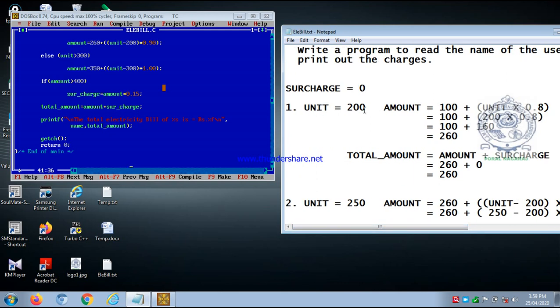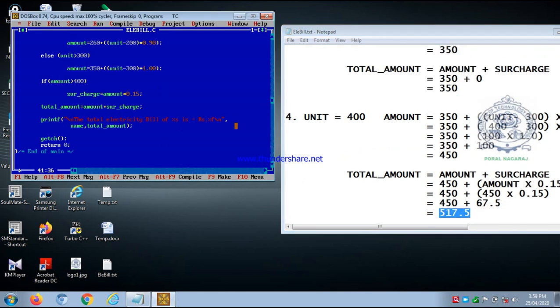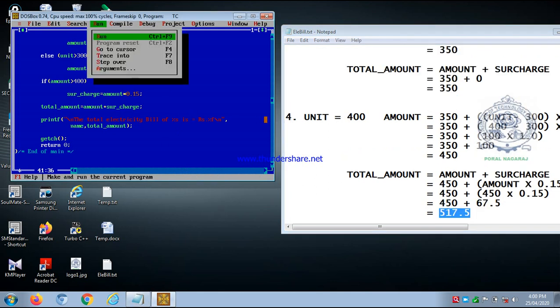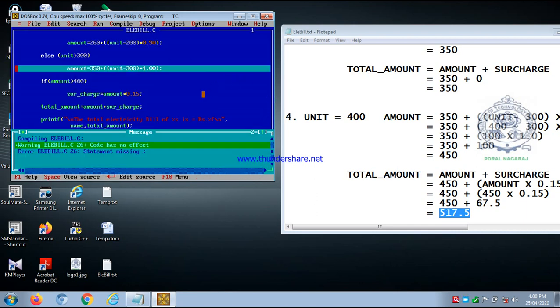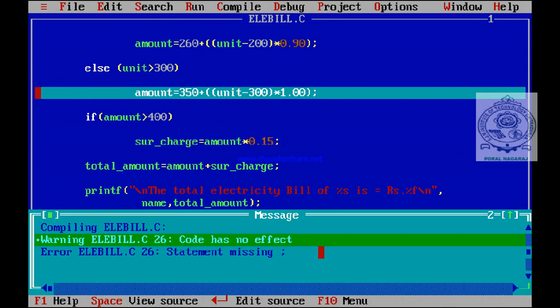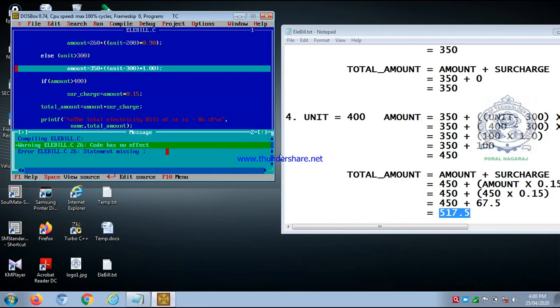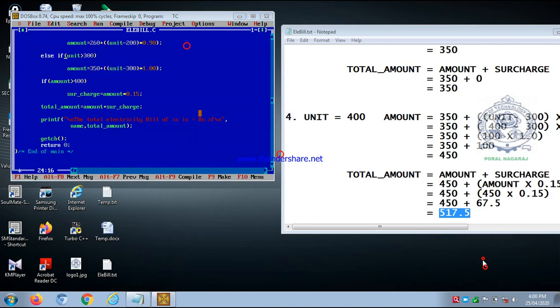Suppose unit is equal to 200. Let us see. Let us run the program.